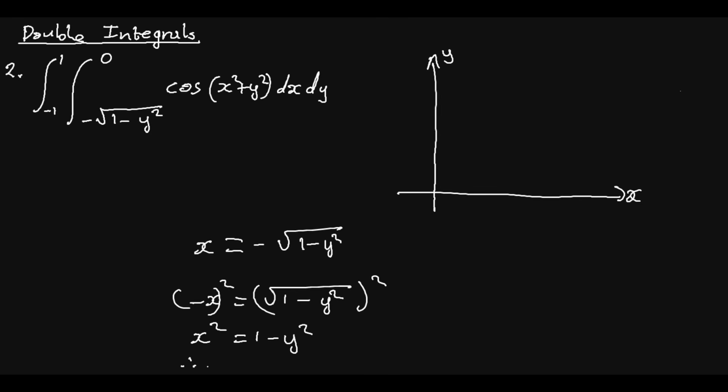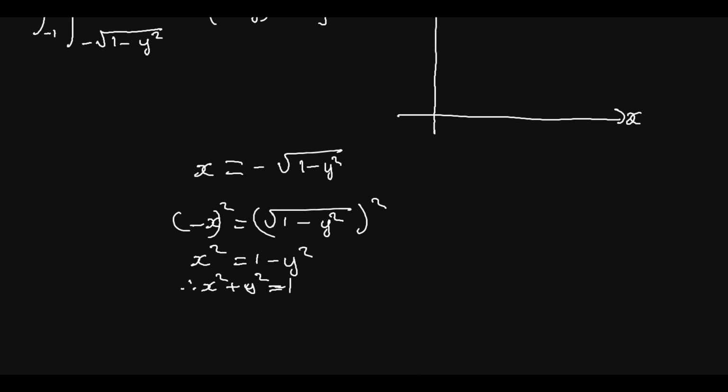Therefore this is a circle, x squared plus y squared equal to 1, a circle of radius 1. The minus square root comes from here, because x squared is equal to 1 minus y squared, therefore x is equal to plus or minus the square root of 1 minus y squared.